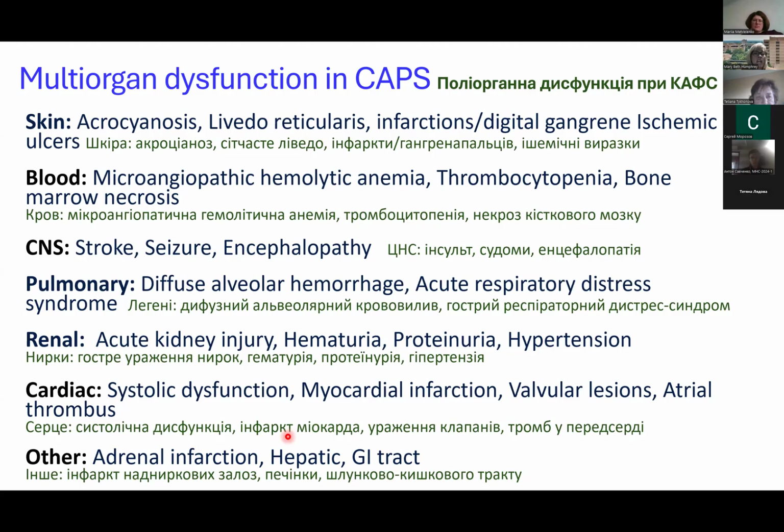It can be very challenging in the setting of the diffuse alveolar hemorrhage. They may be having clots everywhere else, but they're bleeding into their lungs, which can cause them to die. So that is where it's really challenging.